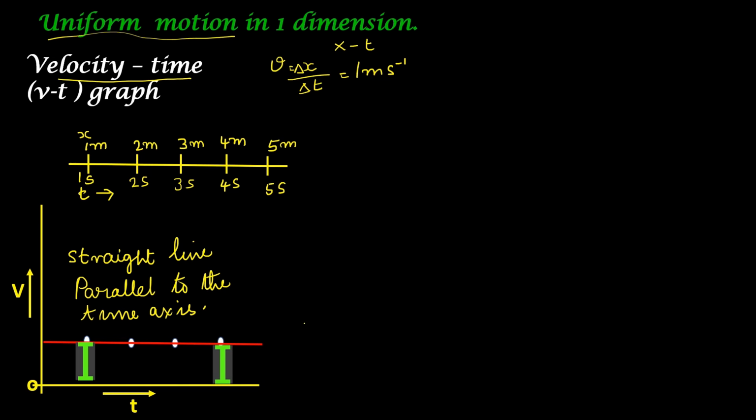It gives a rectangle. Area of this rectangle gives the displacement of the object during that time interval. That is length into breadth, that is 4 into 1 meter, equal to 4 meters. So the displacement between first second and fourth second is 4 meters.